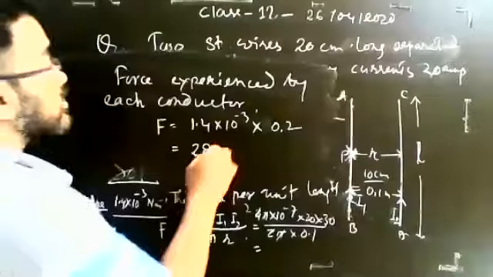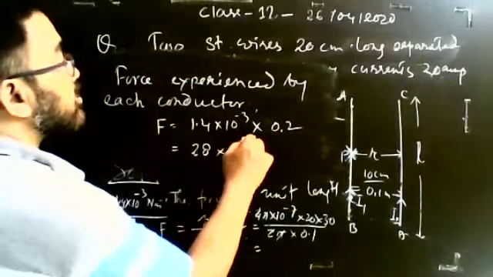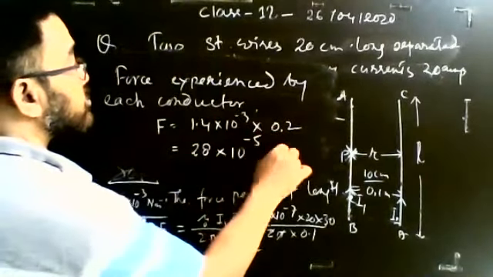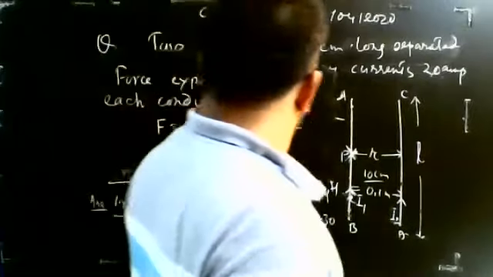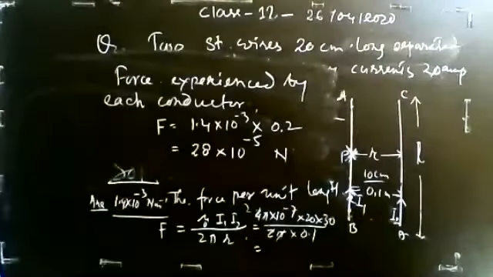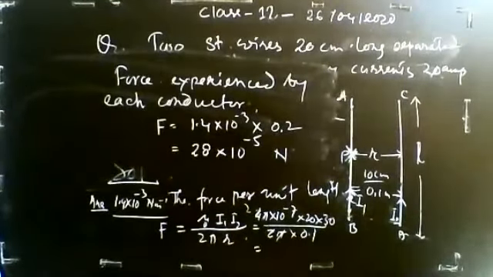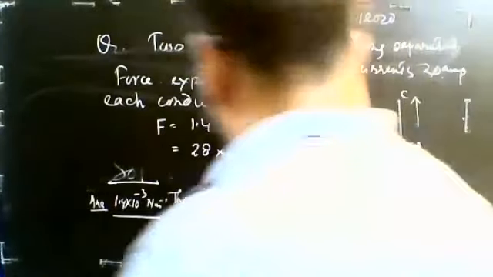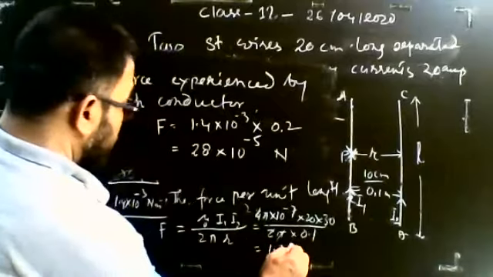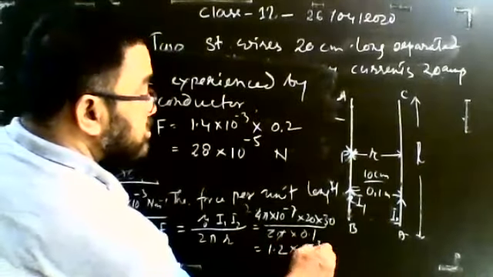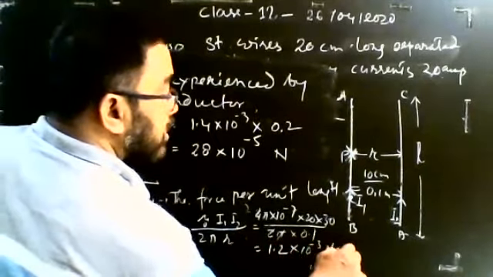It should be 1.2 into 10 to the power minus 3 Newton per meter.